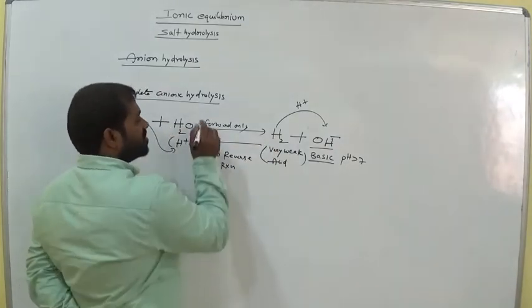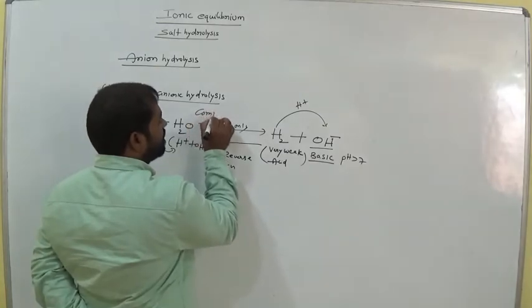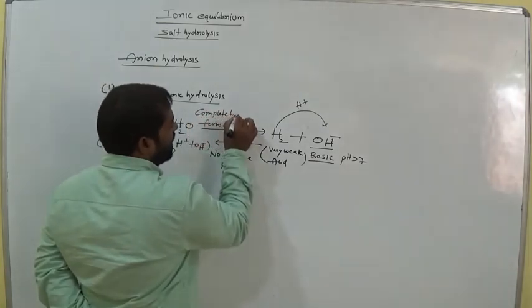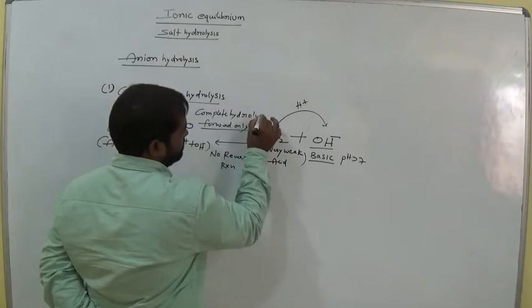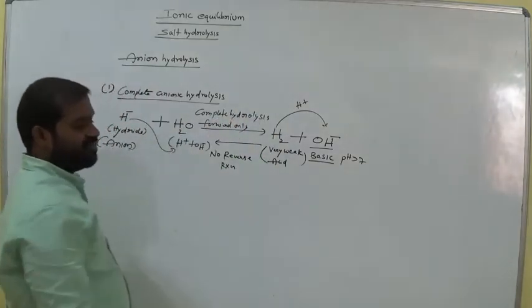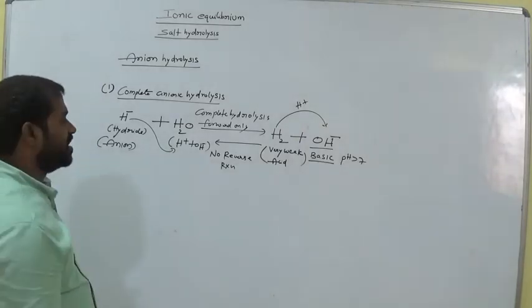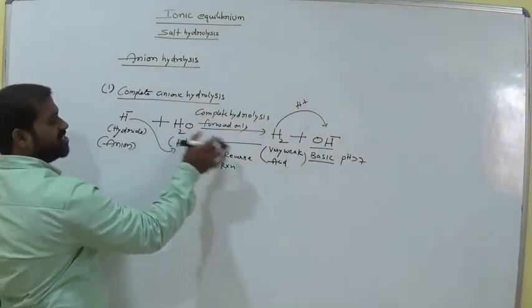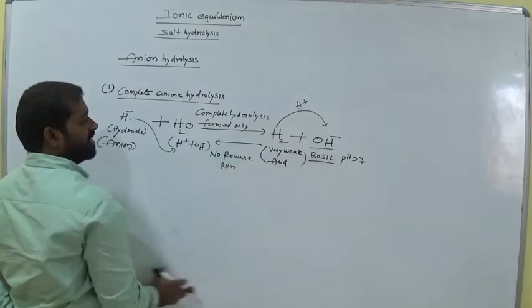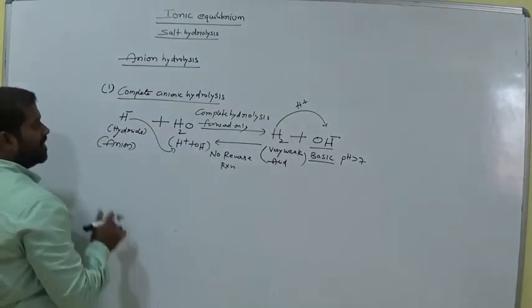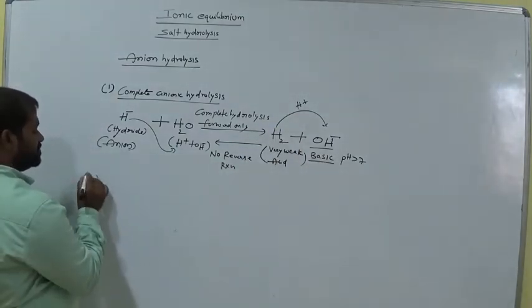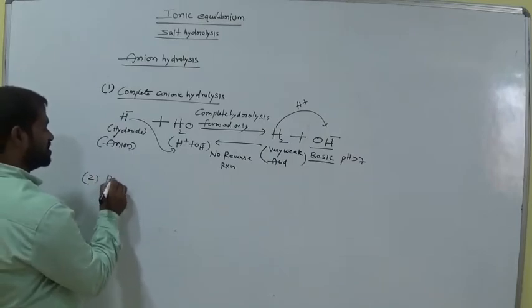So it is called complete hydrolysis. A weak acid is again not reversible. Okay? Only forward. That means H2O as H plus and OH minus. Okay? Next, come to partial hydrolysis.